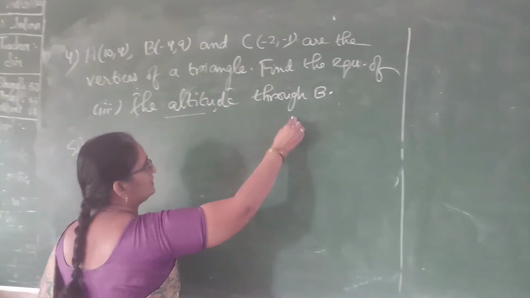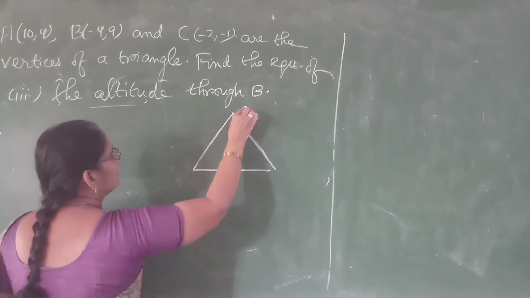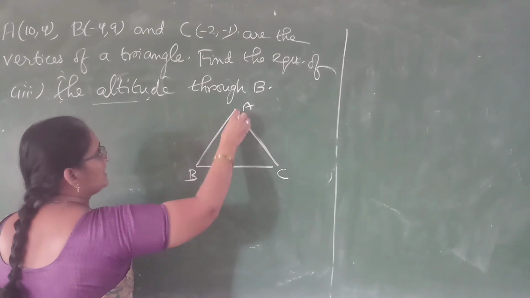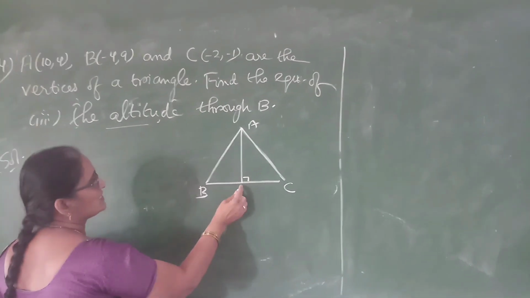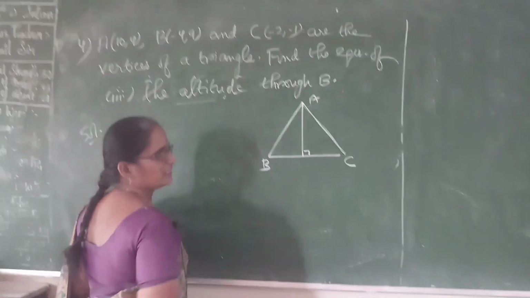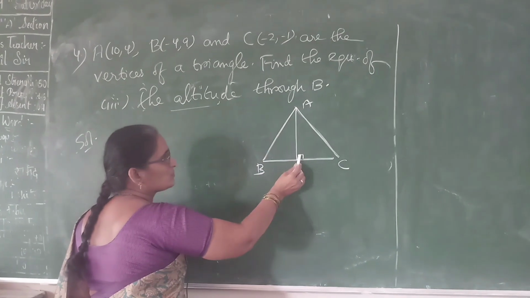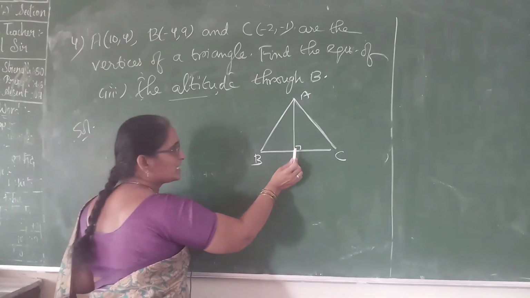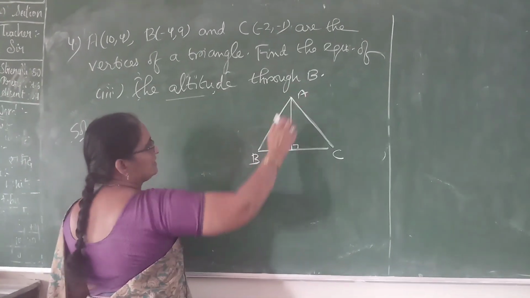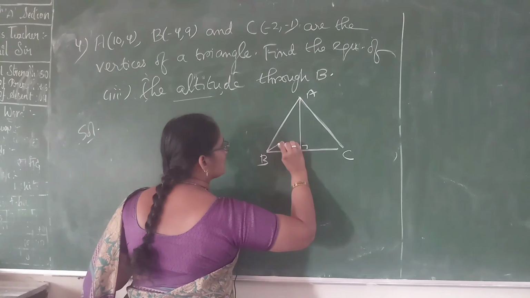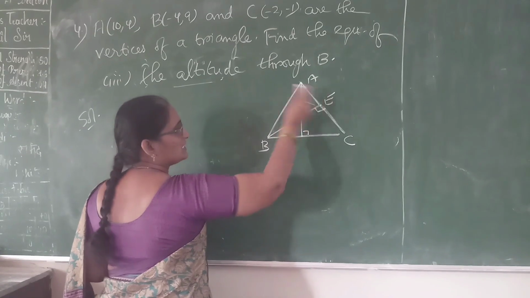When we take a triangle A, B, C, and from a vertex a line is drawn perpendicular to the opposite side, making 90 degrees, it is called an altitude. Here it is asked through B, so we have to find the equation of straight line BE.